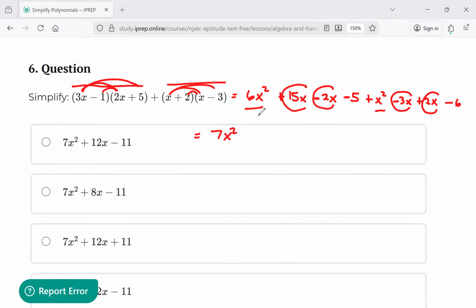Wait, no, 15 minus 2 is 13, my bad. And then subtracted by 3, and then add 2. You should get 12x. And then our constant is negative 5 and negative 6, which is negative 11. So it looks like the first one, 7x squared plus 12x minus 11.